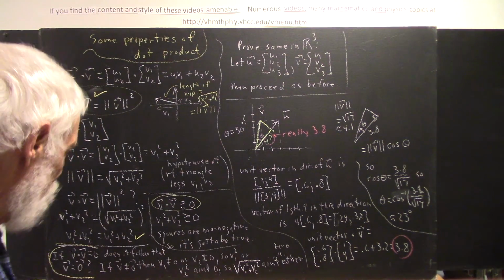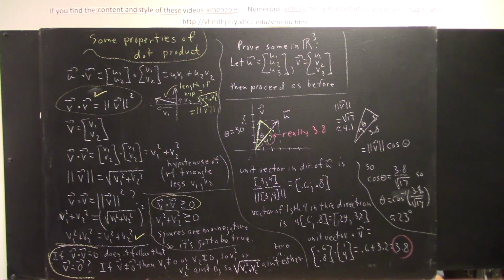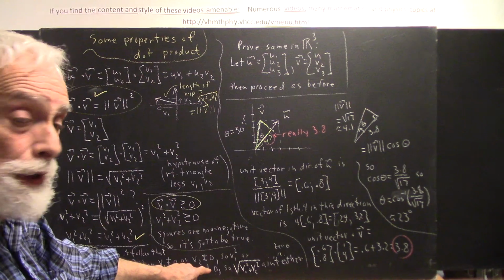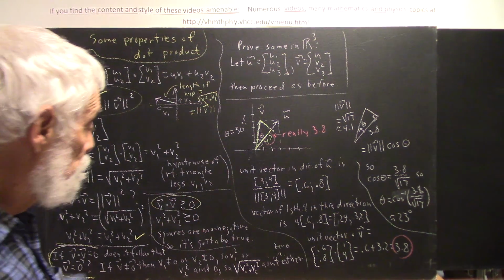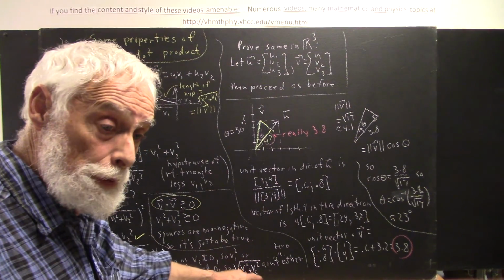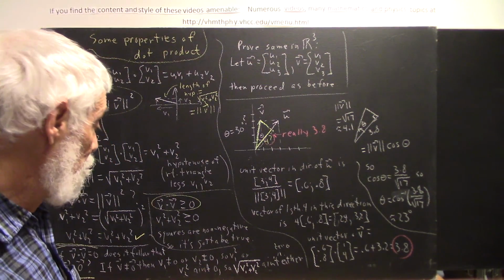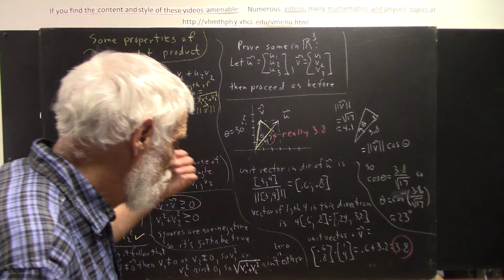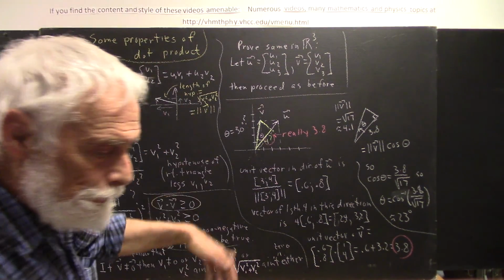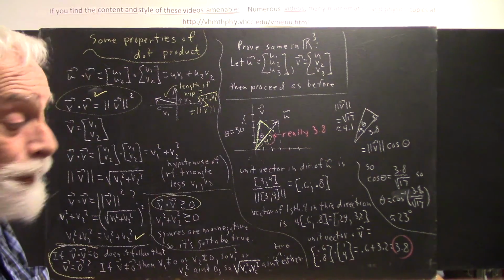Okay, well, again, seriously, v1 or v2 has to be non-zero. So either v1 squared or v2 squared has to not be 0. The other one can't be negative because it's a square, so you're going to have something that's greater than 0 added to something that might or might not be 0.